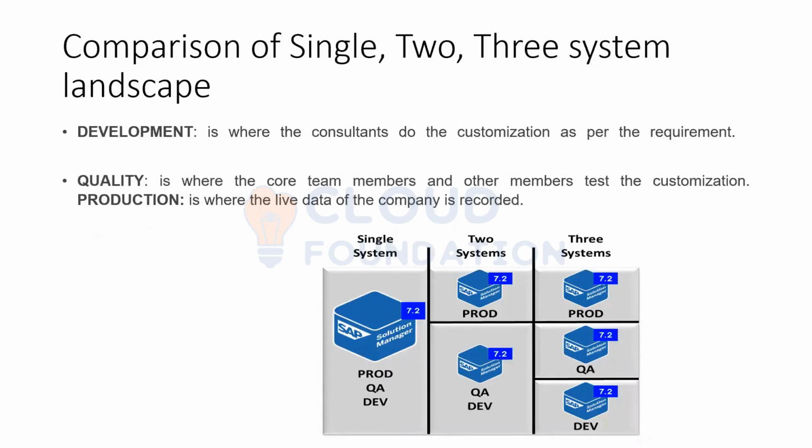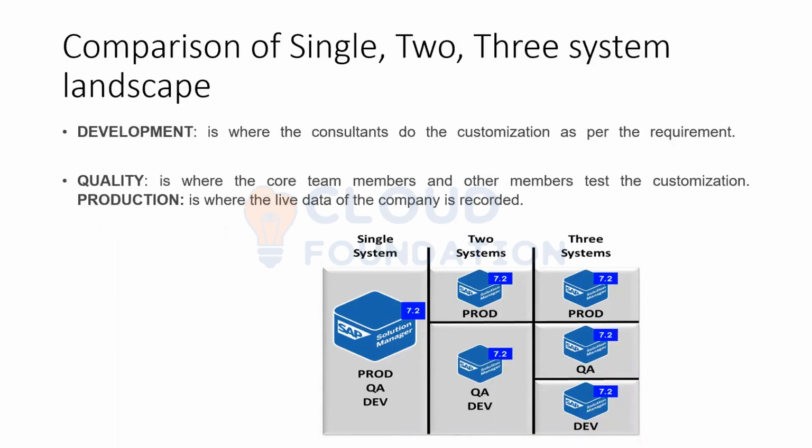Whatever department you go to, like supply chain management, sales and distribution or warehouse, whatever department is involved in this SAP project, every stream has these three systems: production, quality and development. Development is like a staging environment, the very basic stage.